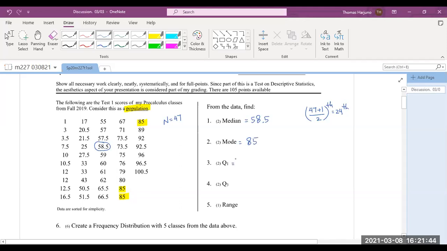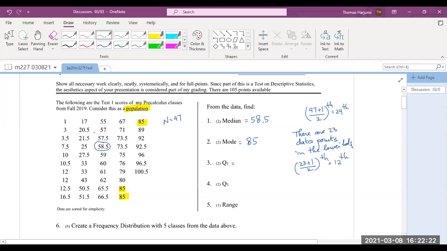How about the first quartile? The median is on the 24th data, so there are 23 data points in the lower half. So 23 plus 1 over 2, the position for the first quartile is data number 12.